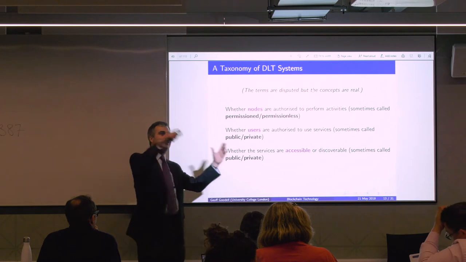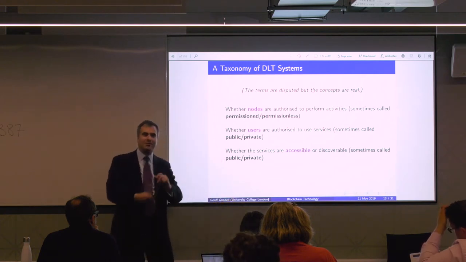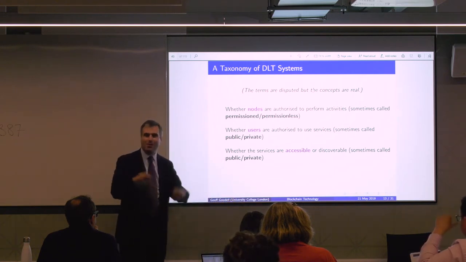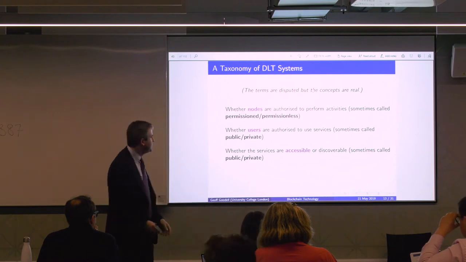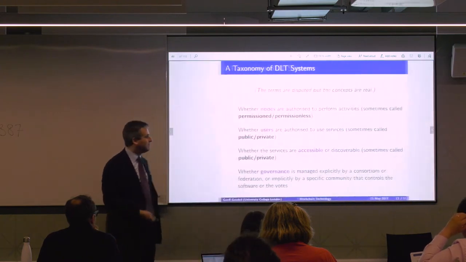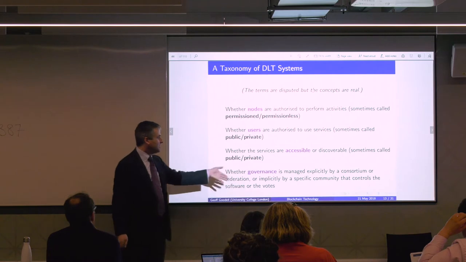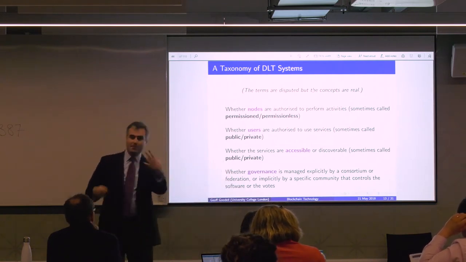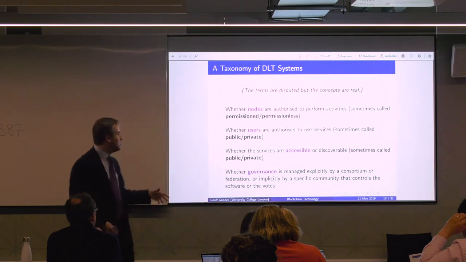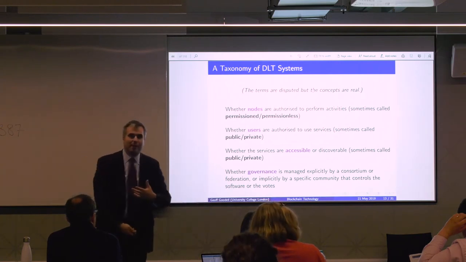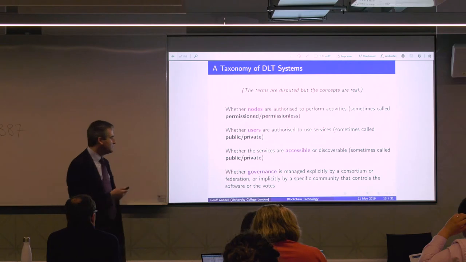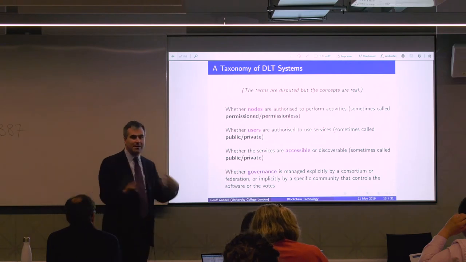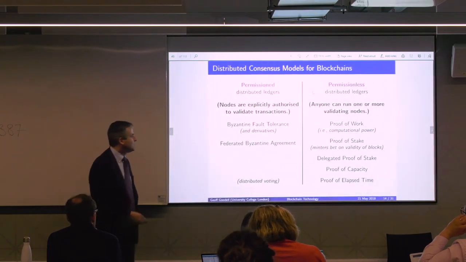Maybe you can run a public blockchain algorithm inside a private network. These are all kinds of deployments that exist. That might also be called public and private. Whether governance is managed explicitly by a consortium or a federation, or maybe implicitly by a community of people who control the software, for example. And these are the kinds of questions that underpin the choice of systems.